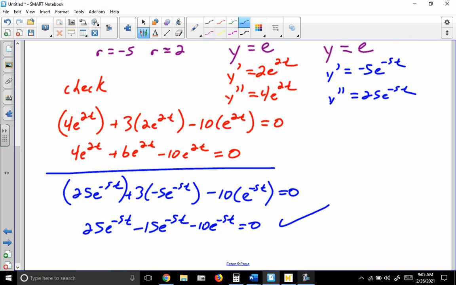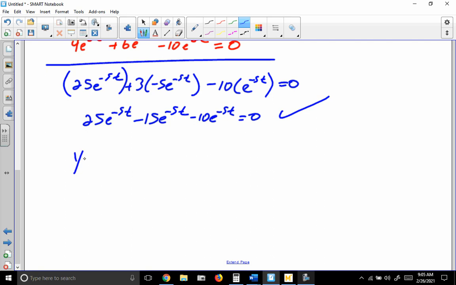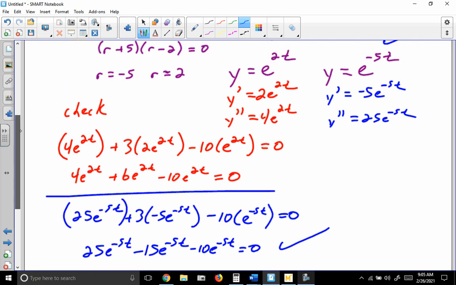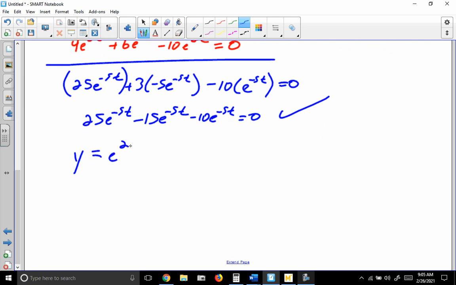So now let's talk about the relationship of solutions and what we can do with our solutions. These were our two different solutions. If we have an initial value, how does that play into our solution?